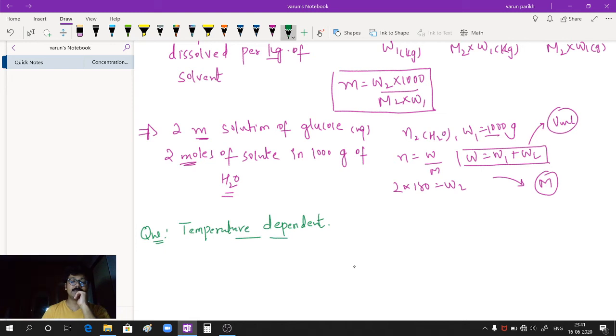We can say that molarity depends on the volume of solution, and molality depends on the mass of solvent. And volume is temperature sensitive.